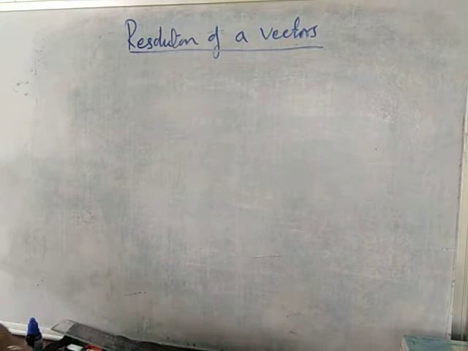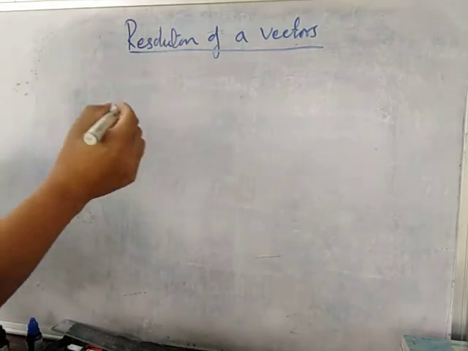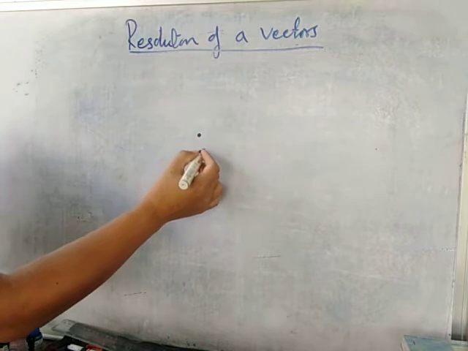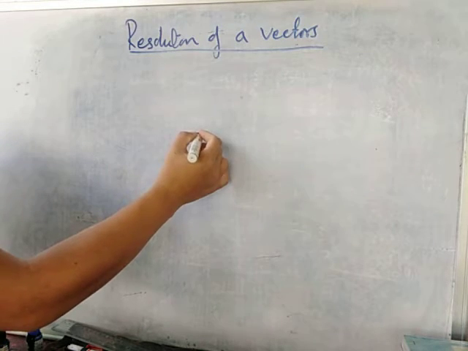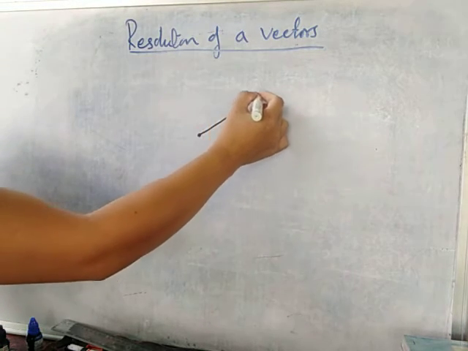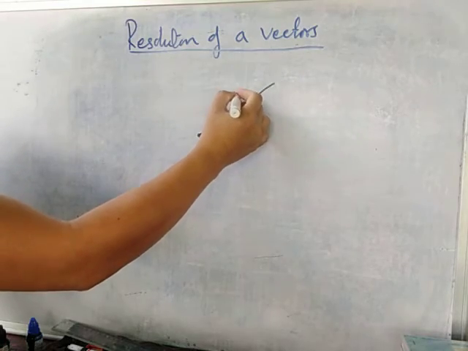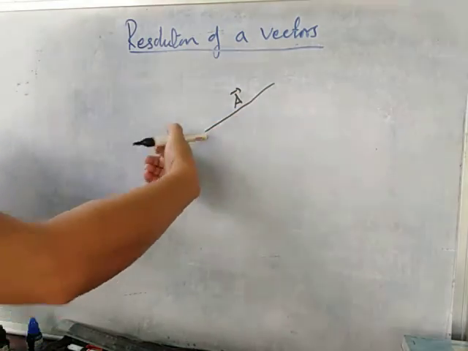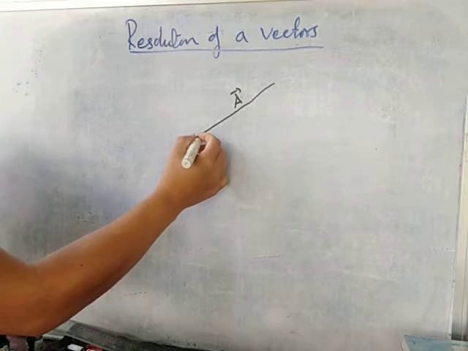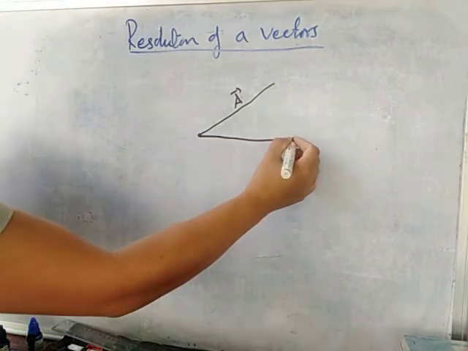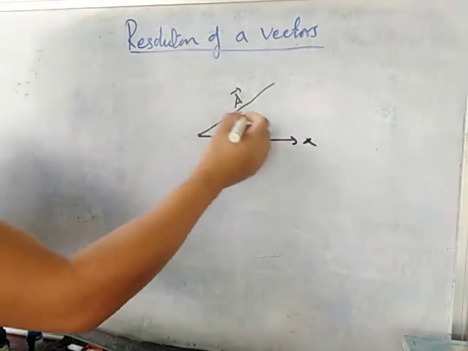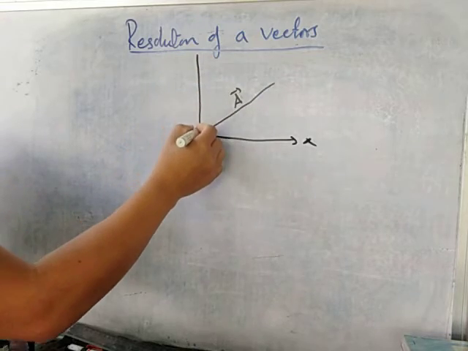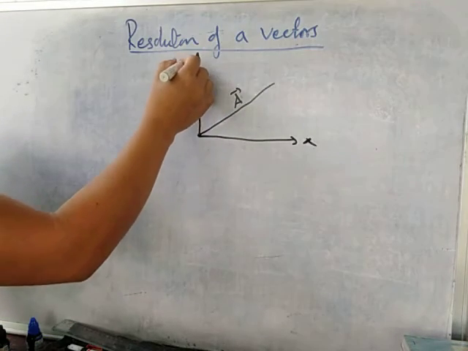Okay. So if I have a particle over here, some object, and if I apply a force like this, let us say vector A. Okay, so I'm pulling this side, isn't it? So at that time it will move in the x direction as well as the y direction, isn't it?